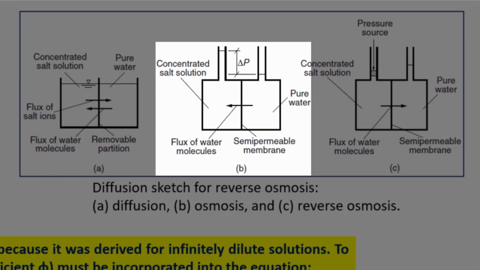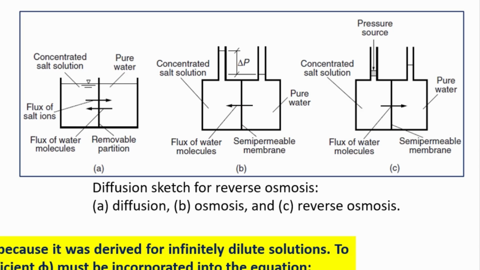Because the membrane prevents the flux of salt, however, mass accumulates in the left chamber, causing the water level in the left manometer to rise and in the right manometer to drop. This flow of water from the pure side to the salt solution is osmosis.